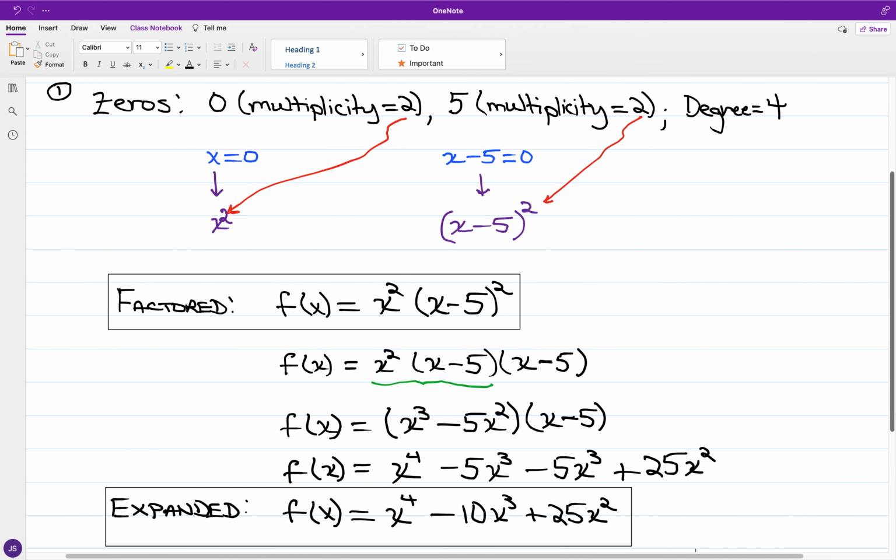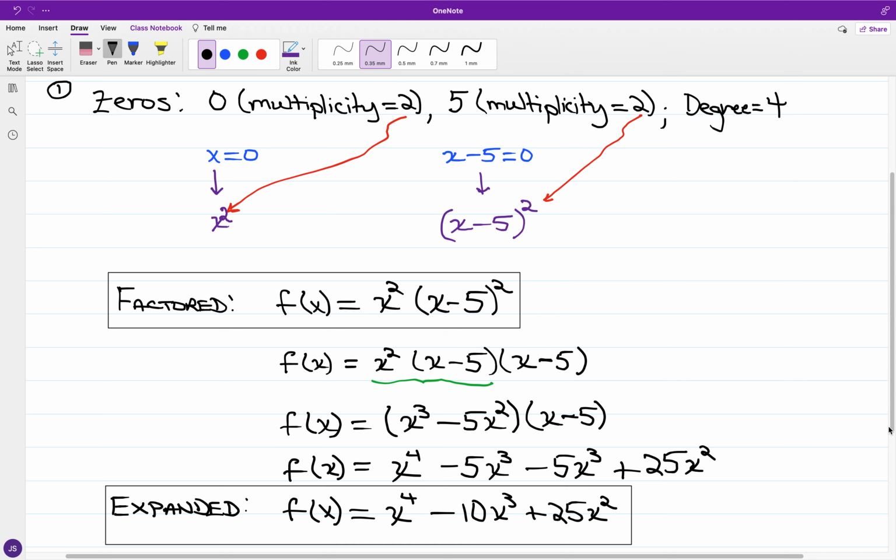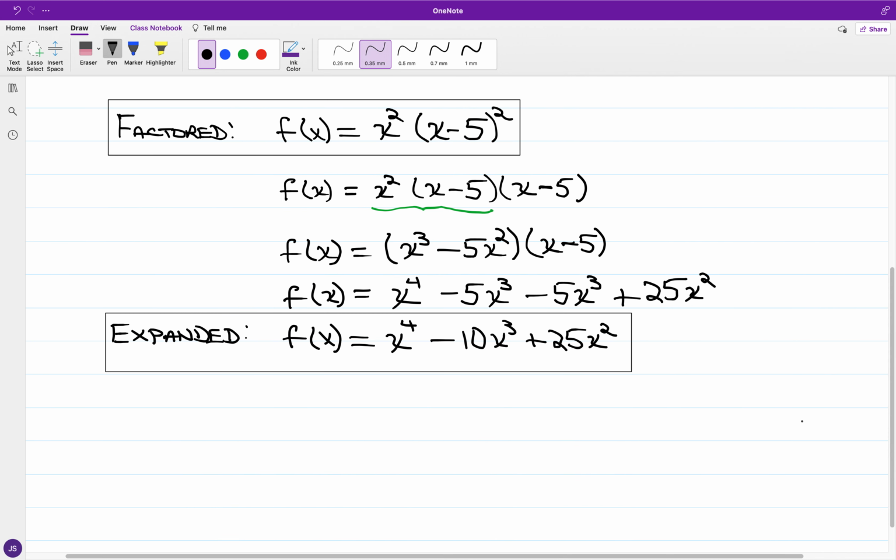Now, if I were to work in reverse, say I had a polynomial in expanded form and I wanted to find out what the corresponding zeros and their multiplicities would be, say determining the zeros and their multiplicities.